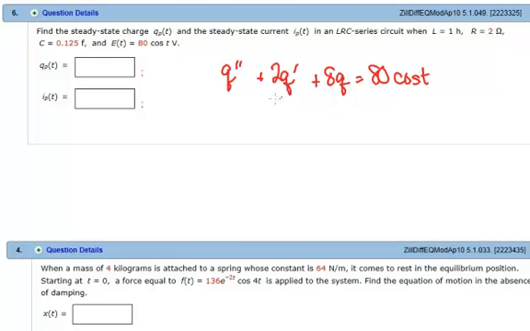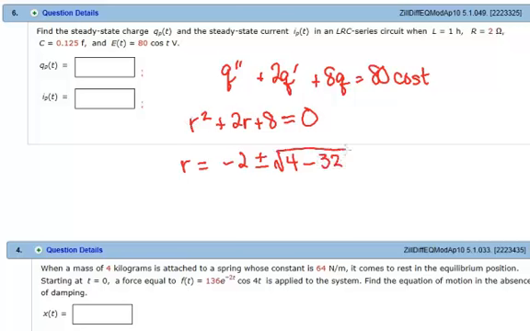And so if I think of the characteristic equation, r squared plus 2r plus 8 equals 0, that won't factor, so I use the quadratic, and I get negative 2 plus or minus the square root of b squared, so that would be 4 minus 4ac, all over 2. Well, this is the square root of negative 28.